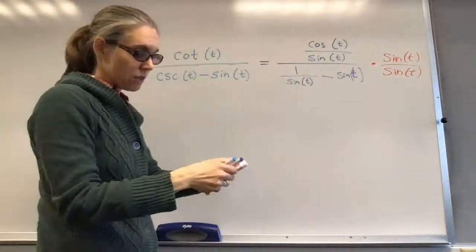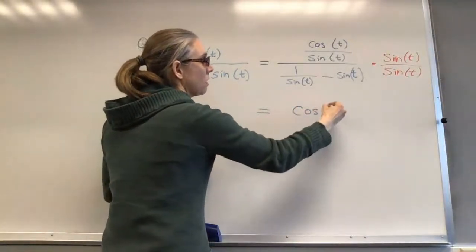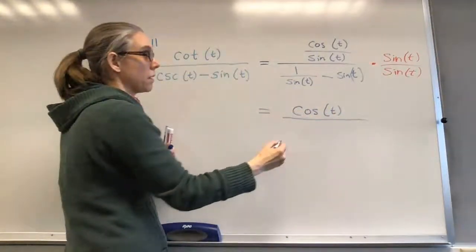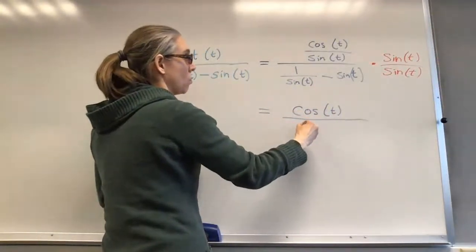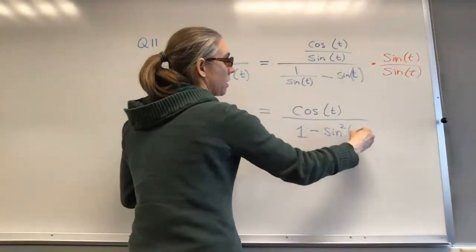So then that is going to give me cosine of t divided by 1 minus sine squared t.